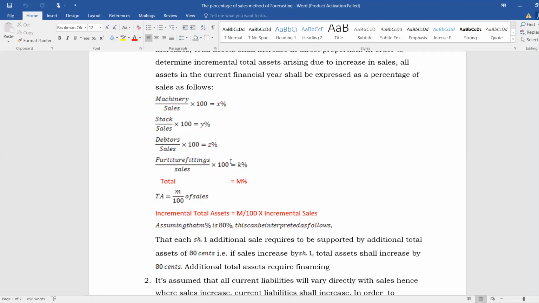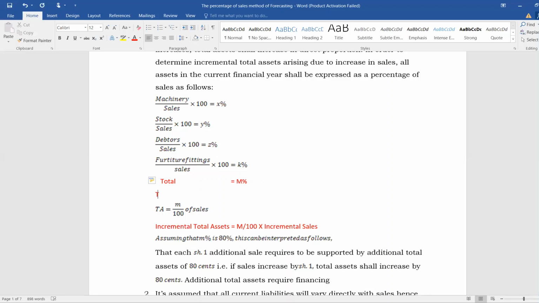Now, once the assets in the most recent statement of financial position have been expressed as a percentage of sales, you sum up those percentages, assuming that total is M. What you have to be careful about is this: assuming the total percentage is M, you could simply have said that total assets divided by sales times 100 gives you this percentage directly.